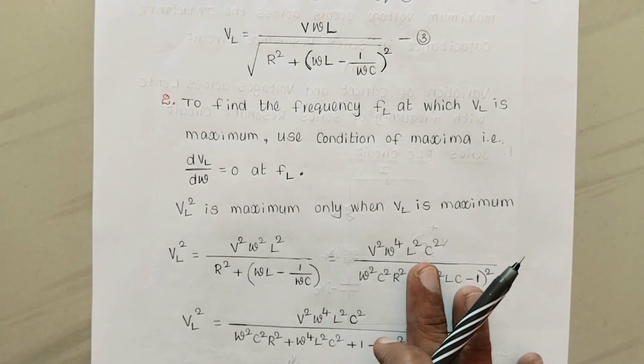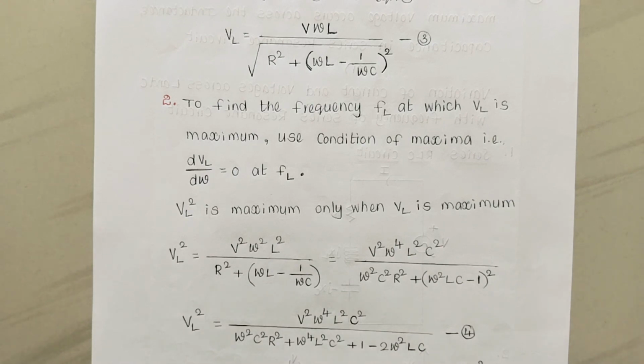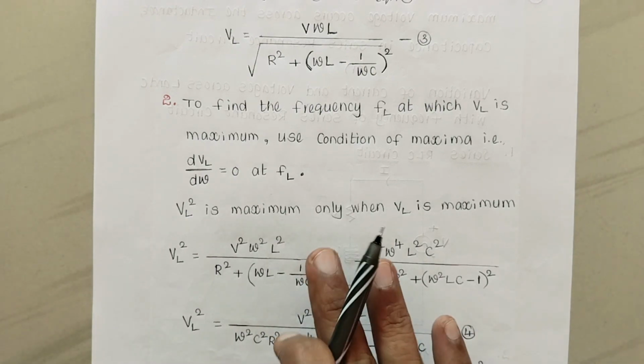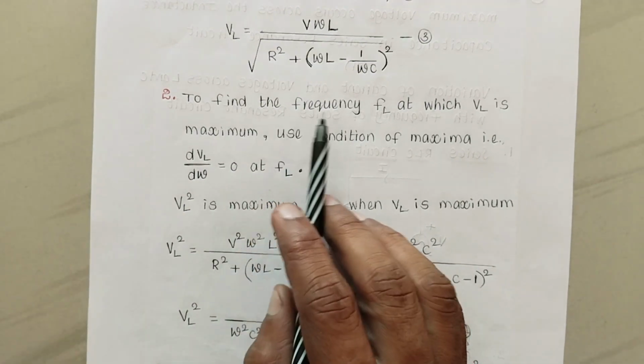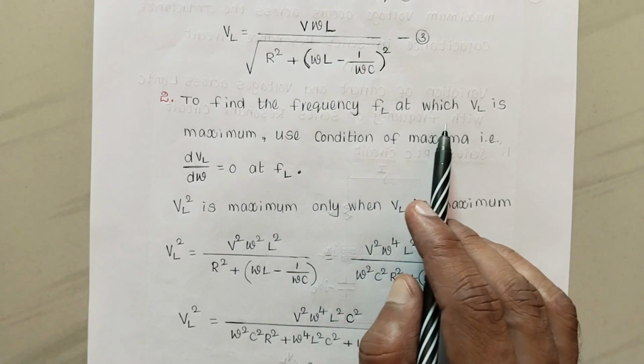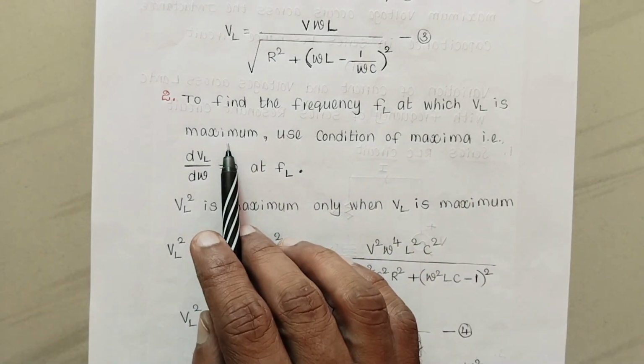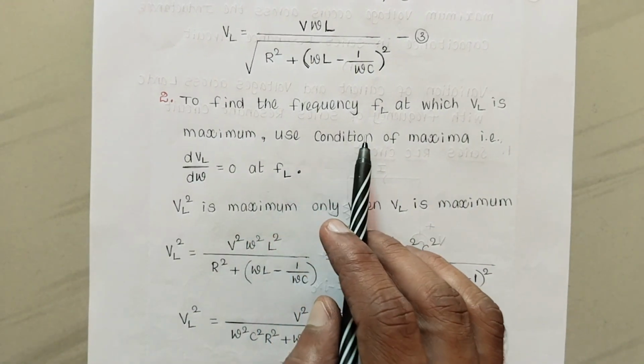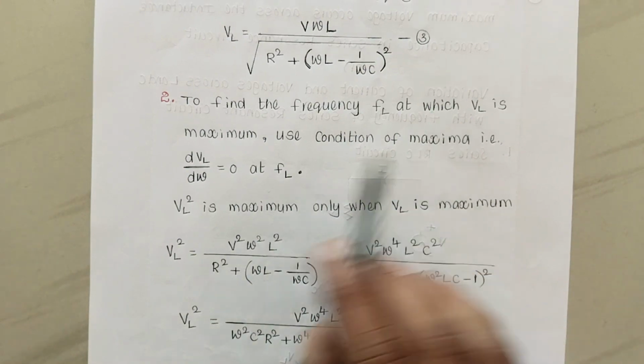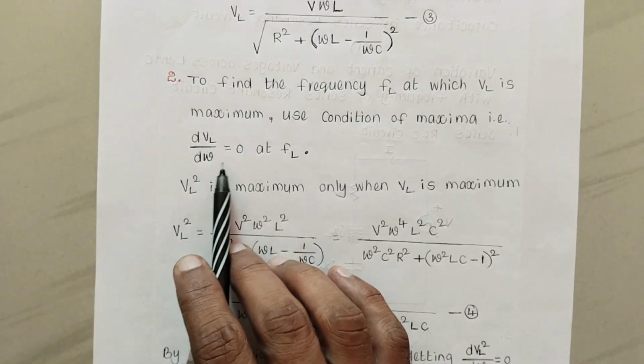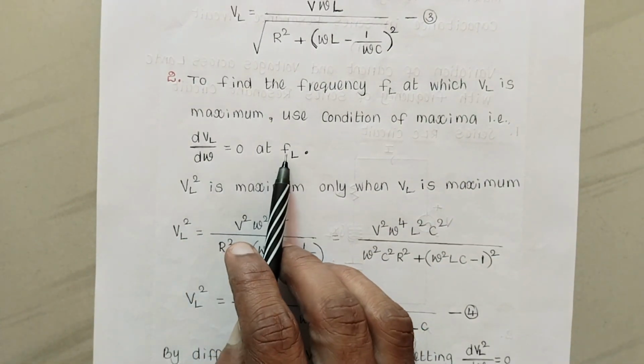Here we have to find the frequency at which VL is maximum. For that, to find the frequency FL at which VL is maximum, use the condition of maxima, that is dVL by d omega equal to 0 at FL.